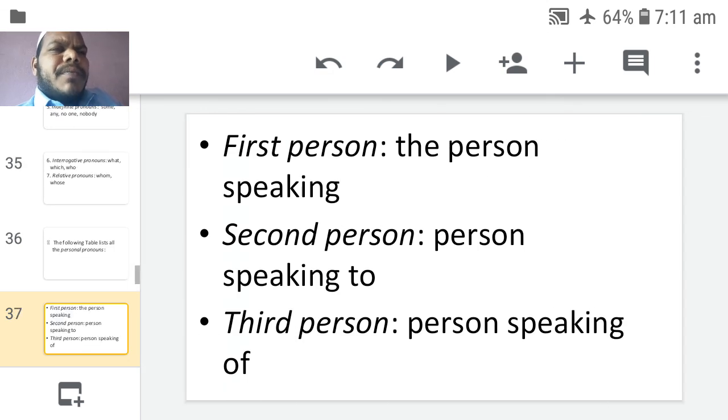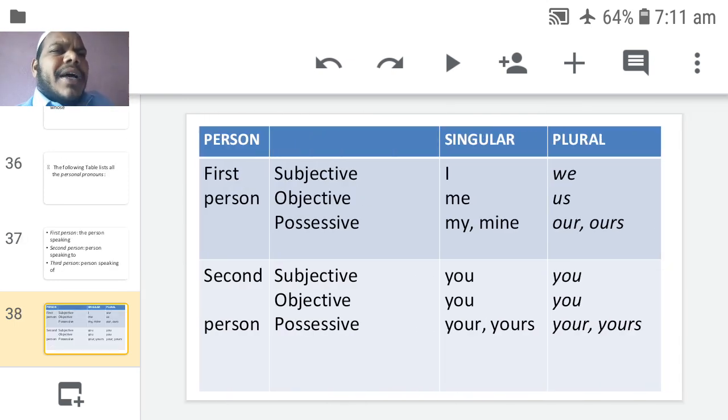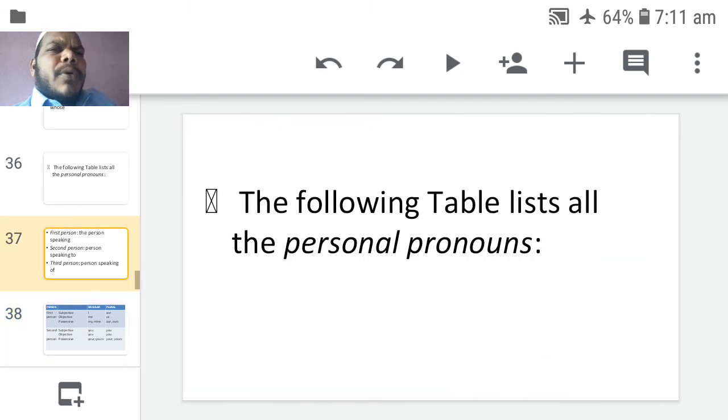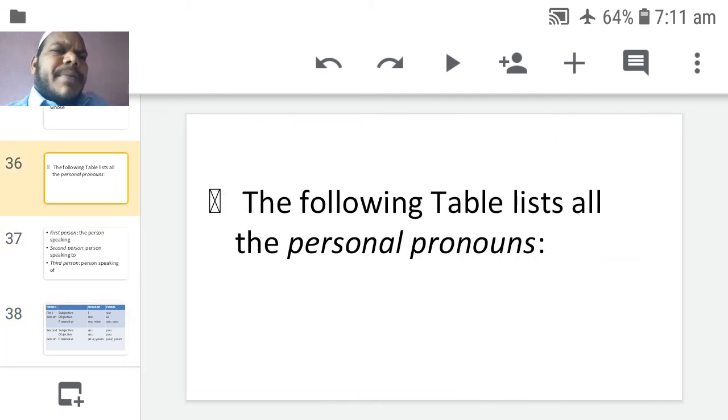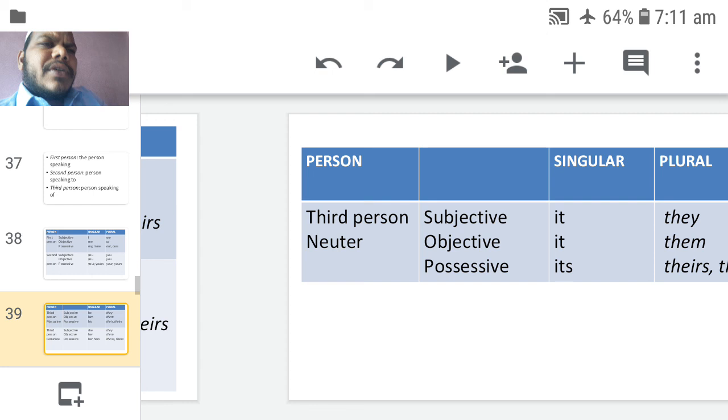And we have seen the persons: first person, the person speaking; second person, the person spoken to; third person, the person spoken of. And we have seen the table of all the personal pronouns. Hope you practice on this table.